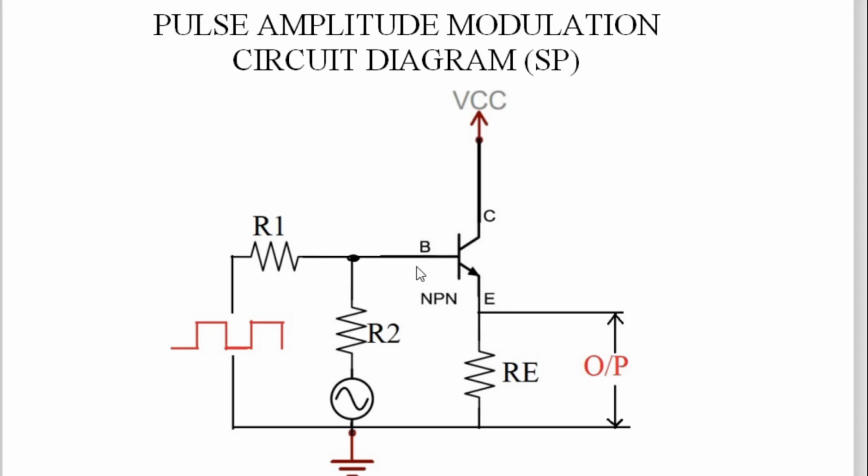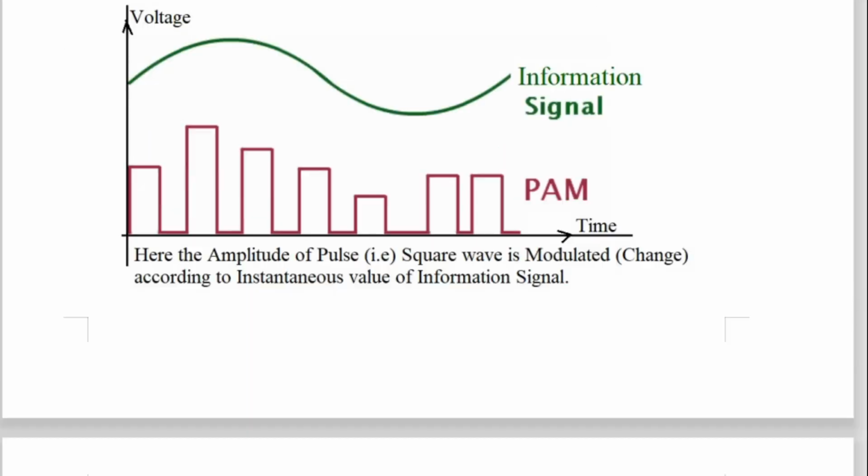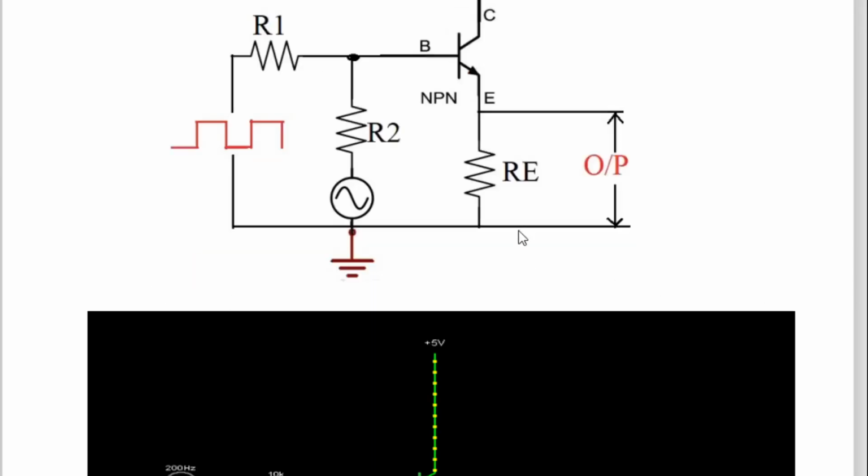So according to the instantaneous value of the information signal, that is a sine wave, the amplitude of the carrier will change, and the output we get is what we showed previously. This type of output you will get across the RE resistor.